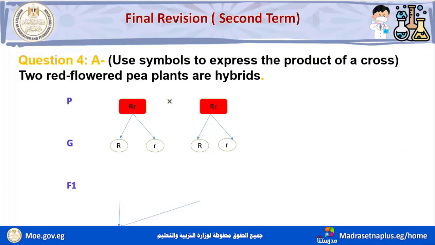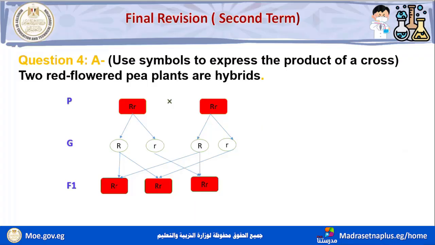First generation: RR red, Rr red, Rr red, rr white flower. Ratio: 75% red, 25% white, 3:1.